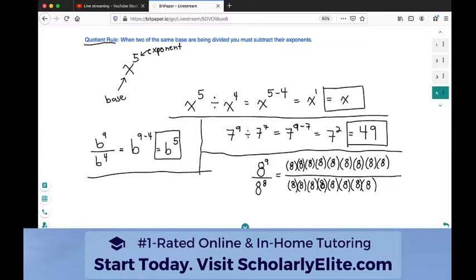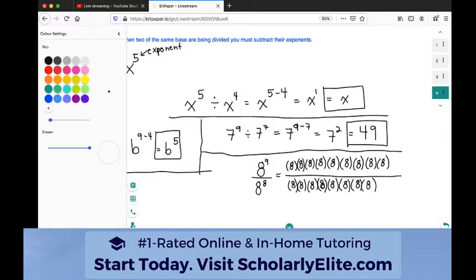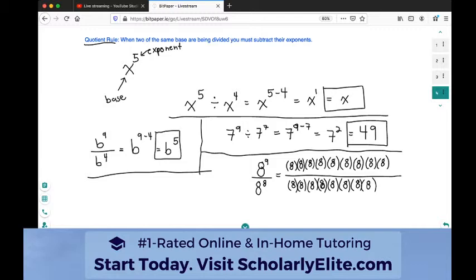Okay, guys? So over here, I'm just going to show you guys how this works. Remember that 8 divided by 8 is the number 1. So here I've got 8 divided by 8. Cancel those out. 8 divided by 8. Cancel that out. So I can do that 8 times, because right up until this last one right here, I can cancel everything else out.